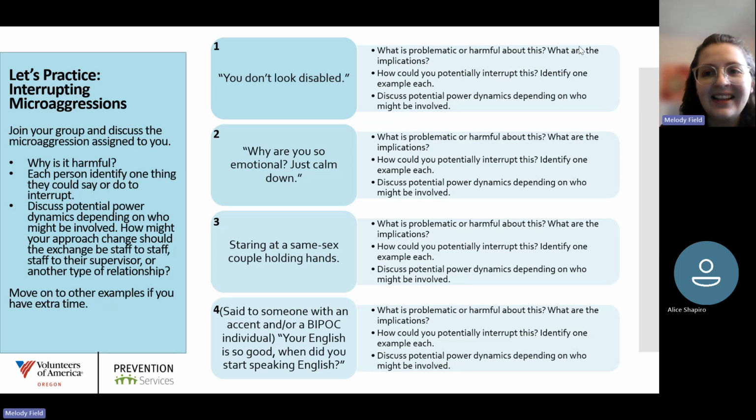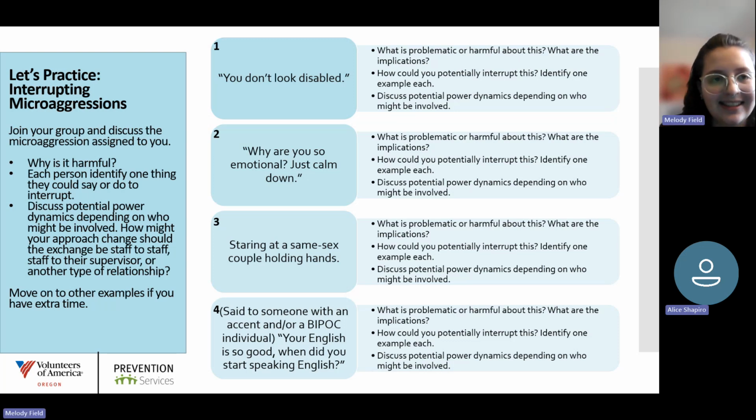Okay. Which one are you interested in practicing? Oh, let's see. So it's either you don't look disabled or why are you so emotional? Just calm down, or you are visiting a space and notice an individual who appears to be intoxicated? Maeve sent that to me. I'm not seeing that slide right now. You're at a party. No, this one's different. Can you see my slide right now? I can. It says let's practice interrupting microaggressions.